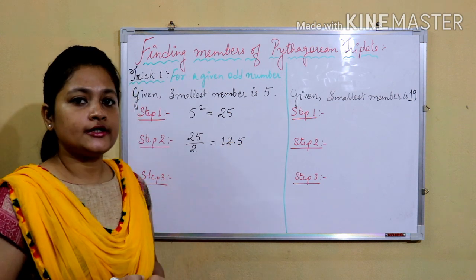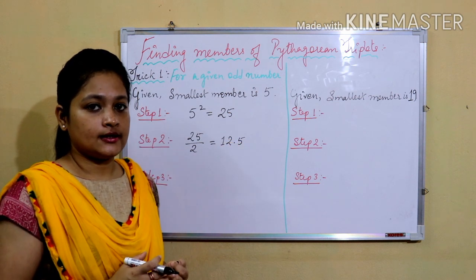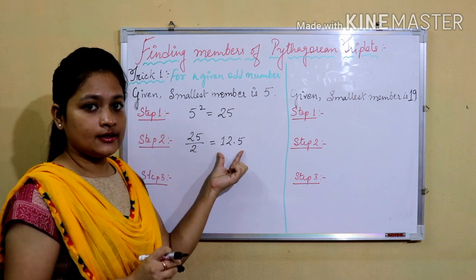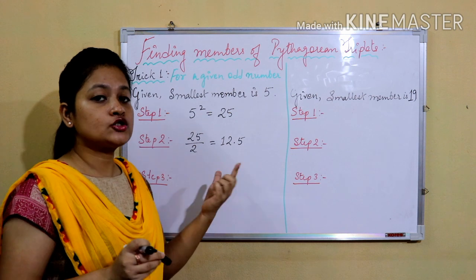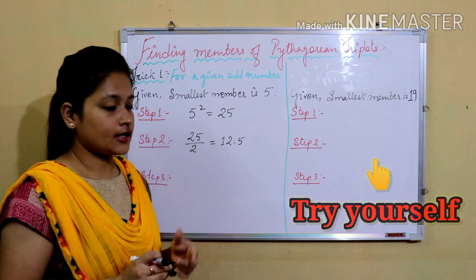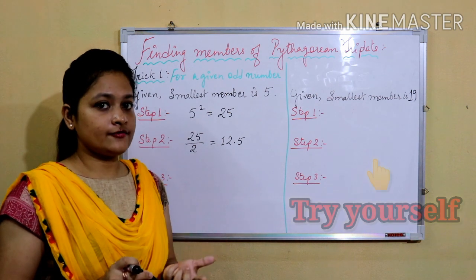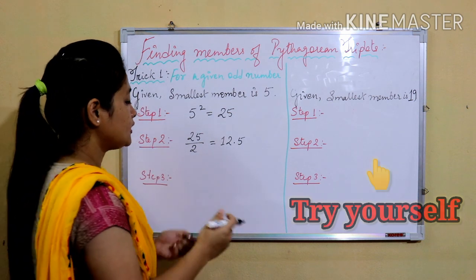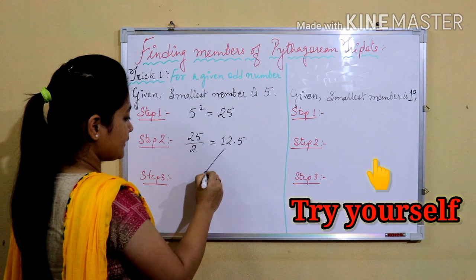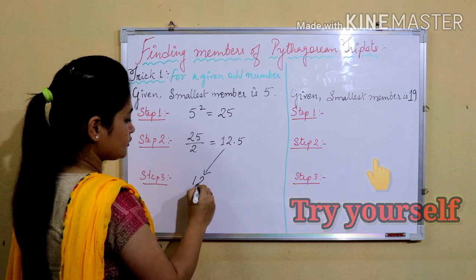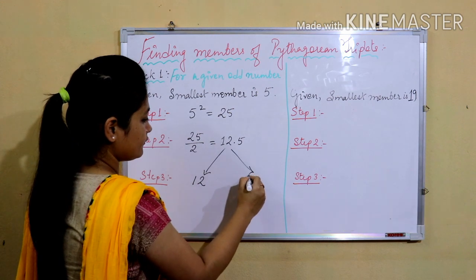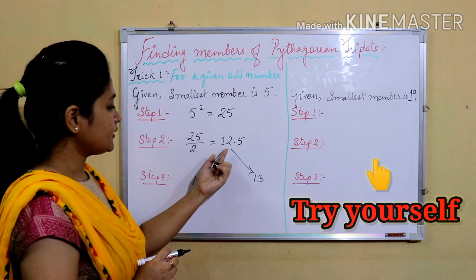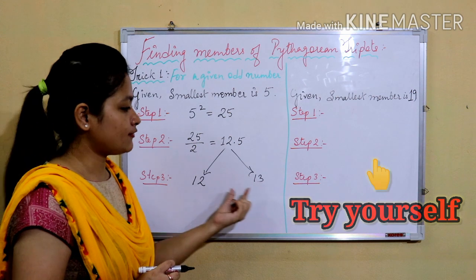Now, at this point, you need to think that this 12.5 will lie between which two whole numbers? I repeat, this 12.5 lies between which two whole numbers? So, 12.5 lies between 12 and 13.